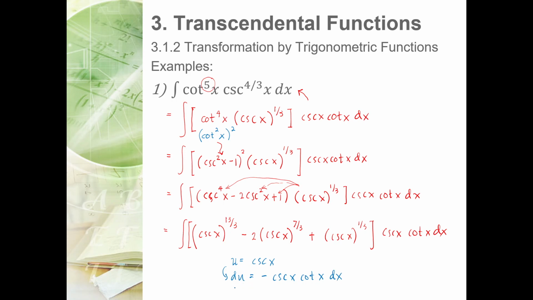And then divide everything by negative 1, this becomes negative du, which is equal to cosecant x cotangent x dx. So I think you can just continue with the solution. Just try to continue it on your own. That's the last part.